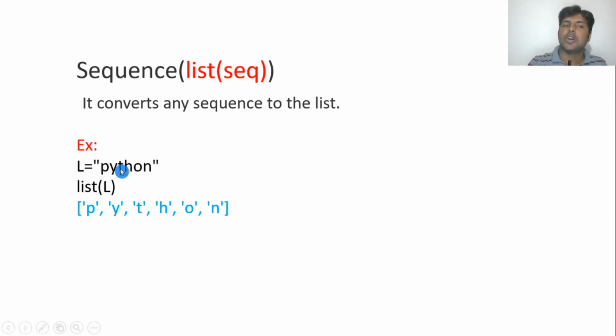So a string, a sequence of characters, can be easily converted into a list by using the list function. Let us see small examples for all these built-in functions.